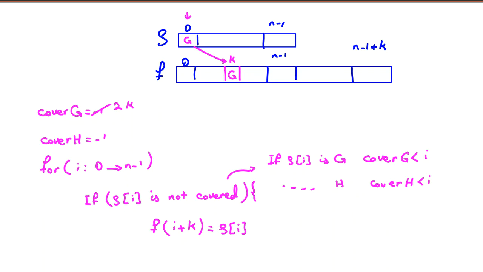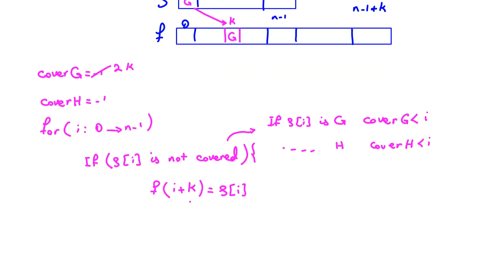And the cover will be what? For example, it depends on this. Cover G will be I plus k. It is for the case if, let me write it here.